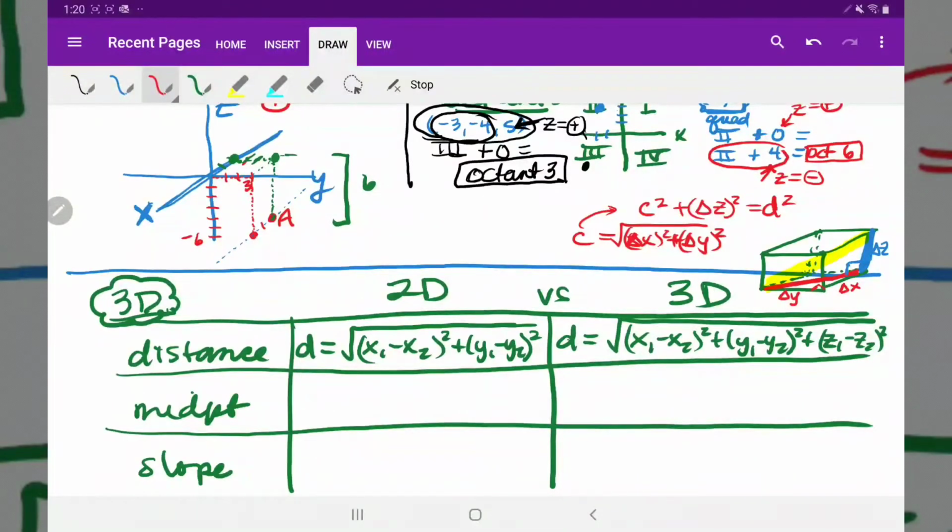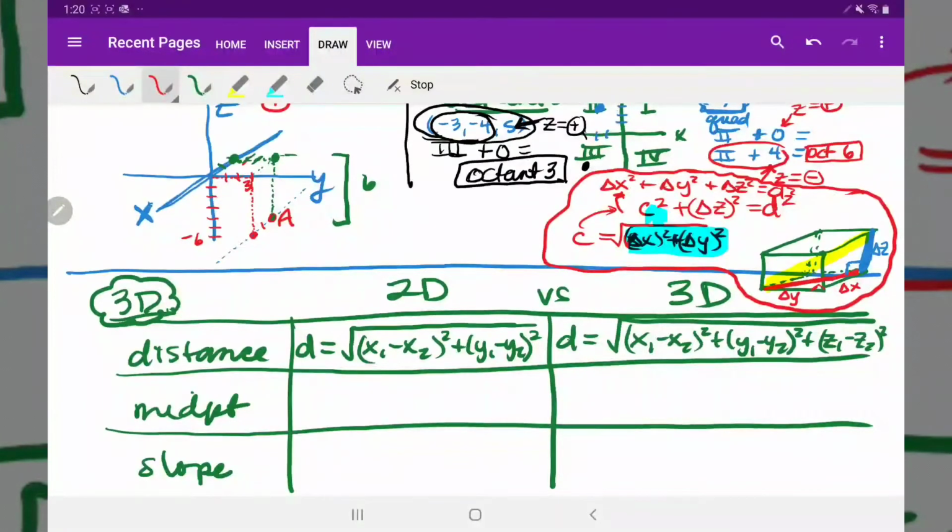You would just be substituting this part right here in for the c, and then there's your formula. So this would be delta x squared plus delta y squared plus delta z squared equals d squared. And then you could square root it. This is deriving this formula right here. So it's kind of interesting: it's actually the Pythagorean theorem twice.